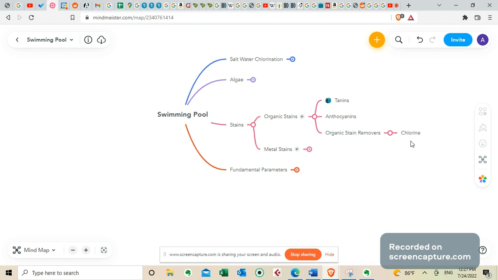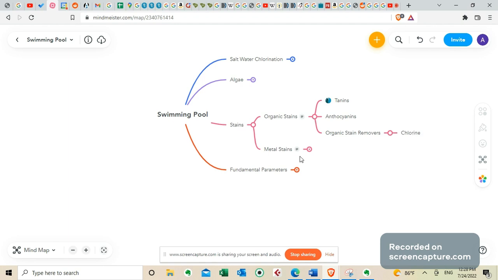Those are the two that you're going to use. You take a chlorine puck and sit it on the stain. If the stain goes away, you know that it's pretty much an organic stain. Chlorine oxidizes the stain, so it's just going to remove it. So you use chlorine. Okay, so that's organic stains.